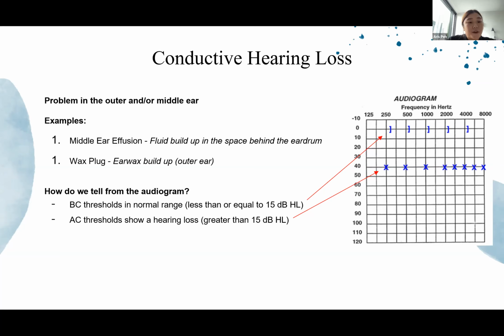To identify a conductive hearing loss from the audiogram, we will see that the bone conduction thresholds are in the normal range, which is less than or equal to 15 decibels, and we would see a hearing loss in the air conduction thresholds that are greater than 15 decibels.